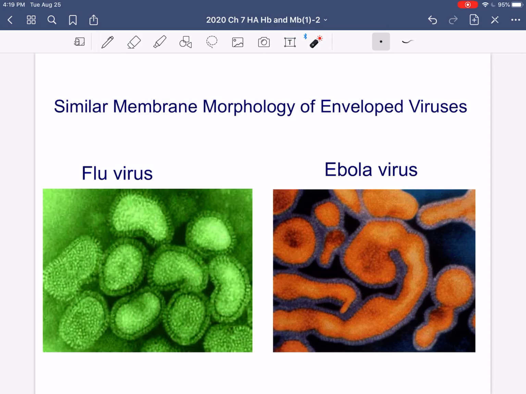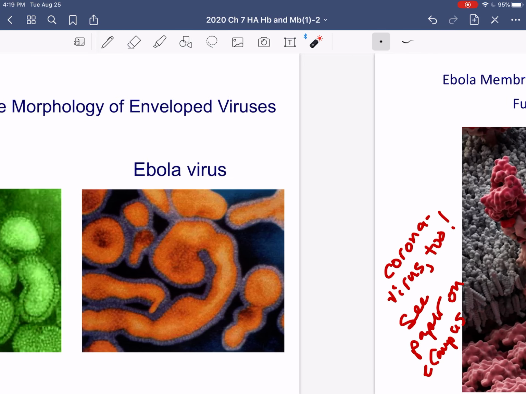That is, these helical groups rearrange to extend a coil to throw a hydrophobic anchor into the target membrane to then pull the target membrane back and fuse the viral and the cellular membrane. So they're all working the same way.